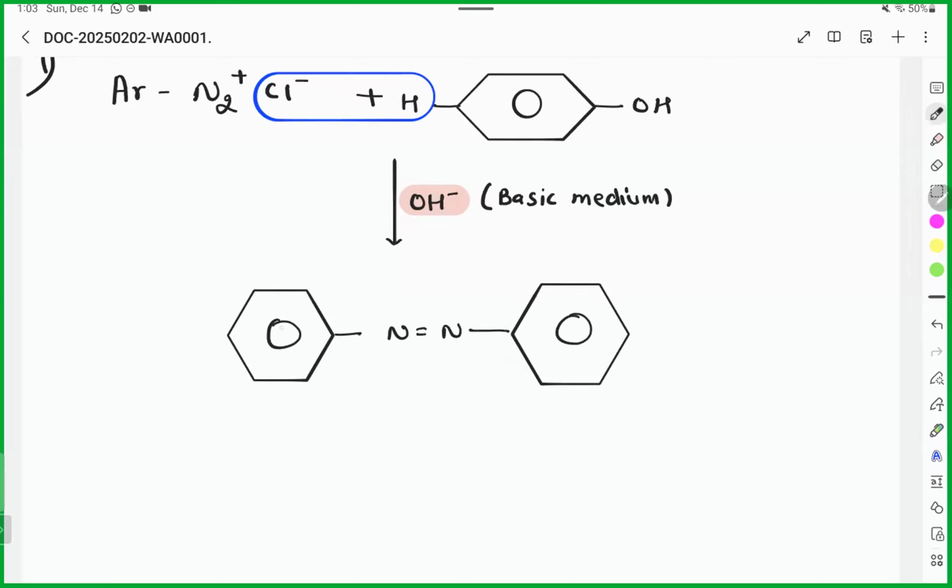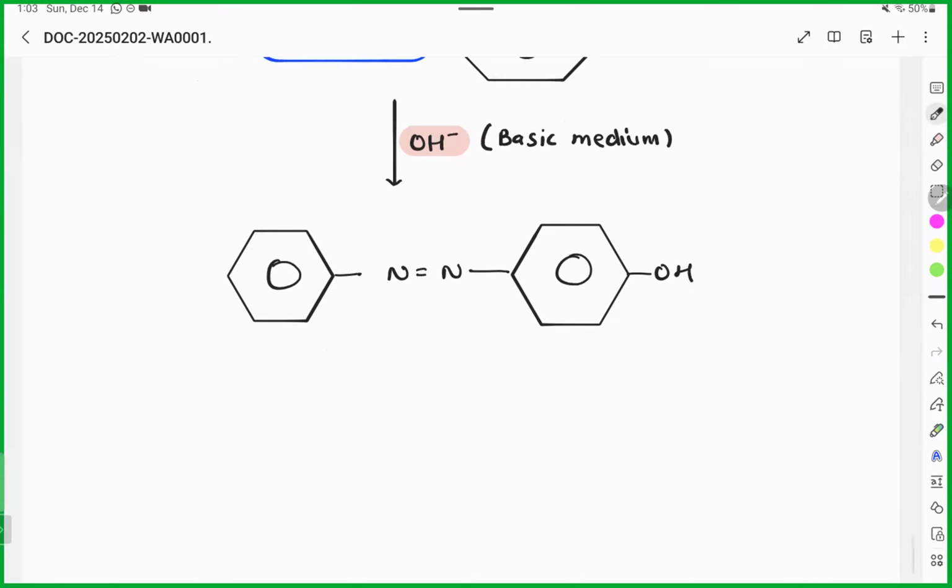One benzene ring, another benzene ring, and here OH. Yes. Okay. This is the diazo test. Why? Because the product formed here is colorful.